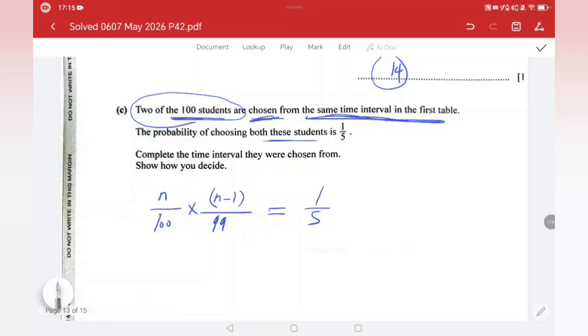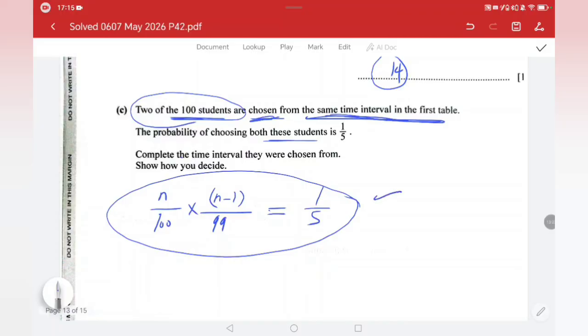So you may create a quadratic equation and solve to find the value. And this is absolutely fine. Or you may try the intervals. If you do it this way and continue, it's fine.